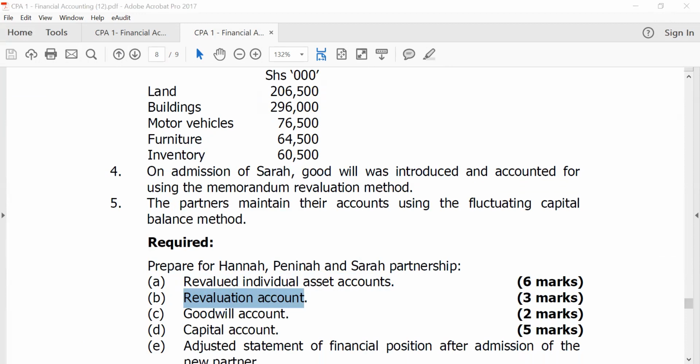Definitely, one thing that you need to understand is the revaluation account is usually balanced off. And we usually get what we call a net gain or loss on revaluation. Because we've taken that amount into the revaluation account, you're going to have the total revaluation. So that will be more of a gain or loss on revaluation.